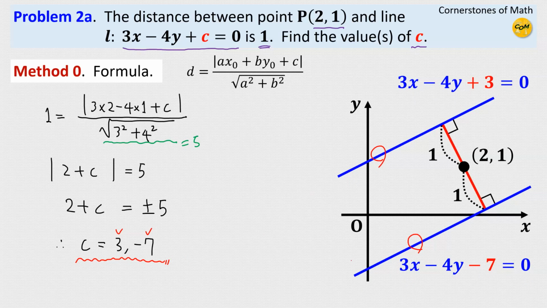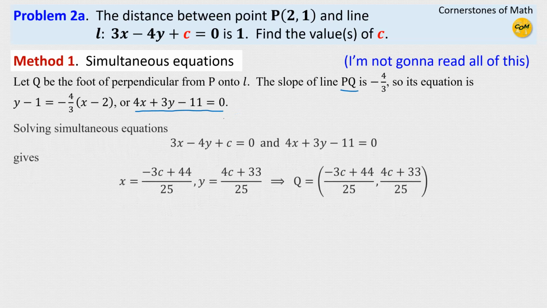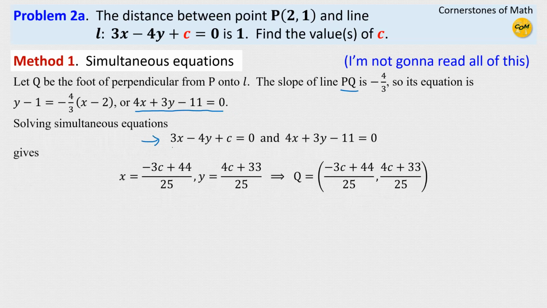But if you try to solve the same problem with the simultaneous equations method, things get complicated. I mean, the first part where we obtain the equation of the perpendicular line PQ is not that bad. But if we try to solve simultaneous equations to find the coordinates of point Q, the expressions become messy due to the unknown variable c.